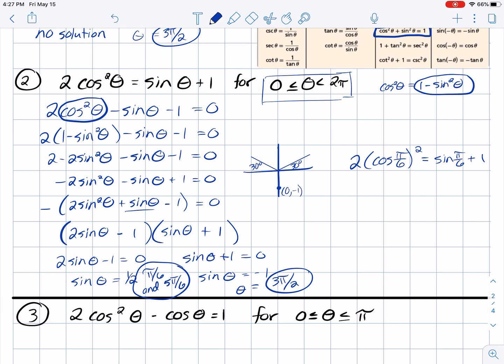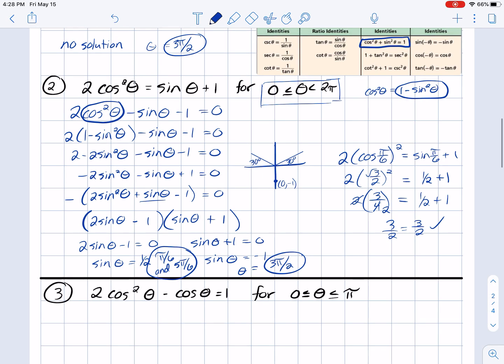If the sine of pi over 6 is 1/2, we know that, we just solved that, then the cosine of pi over 6 would be root 3 over 2. But keep in mind, it's root 3 over 2 squared. So that gives us a positive 3 over 4 times 2, and 1/2 plus 1. This is going to check out because 2 goes into 4 twice. So we get 3 over 2 equals 3 over 2, and that checks out.